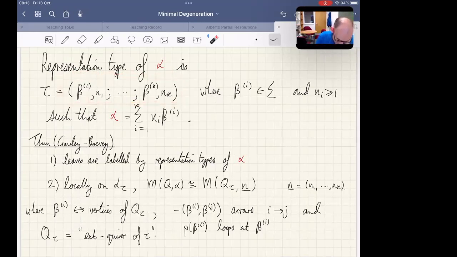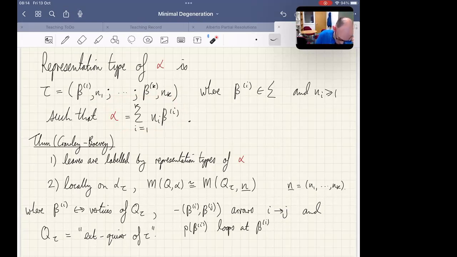Each element in the k-tuple is a pair of a dimension vector in sigma together with a multiplicity, so just a positive integer, such that when I sum up all of these things with multiplicity, I get back my alpha. Okay, so that's the definition of a representation type. And the key result, well, I guess it depends on many results, but the final part is due to Crawley-Boevey, which says that the symplectic leaves inside our quiver variety are labeled by these representation types.